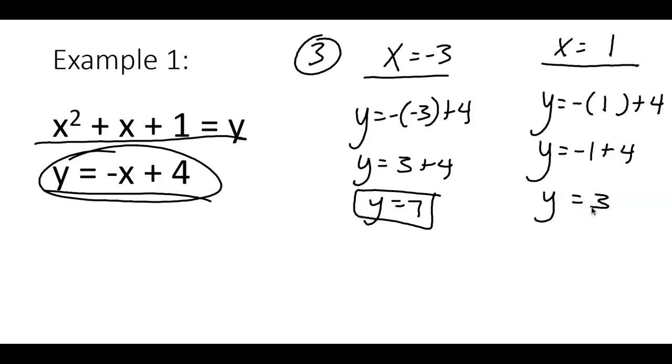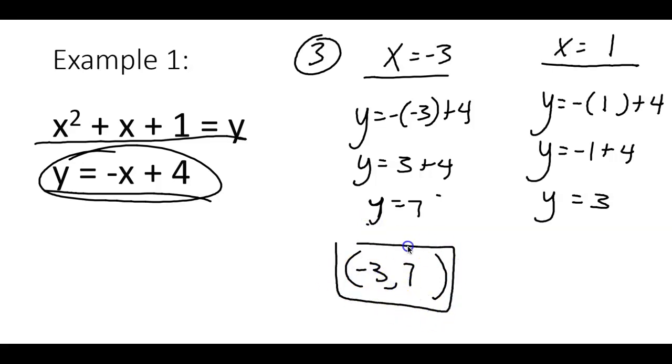So the two points where these lines intersect are as follows. I'm going to erase this real quick. They intersect at -3, 7. That's one place where those two lines cross. And another place where they intersect would be 1, 3.